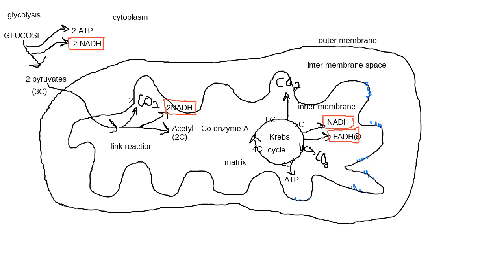That's what the chain is. It's a chain of embedded transport proteins in that inner mitochondrial membrane between the matrix and the intermembrane space. They're all through there. Those little blue dots that I'm drawing are the electron transport chain.